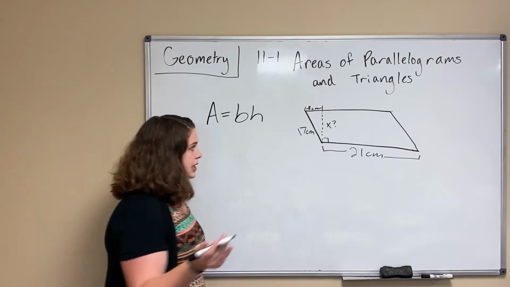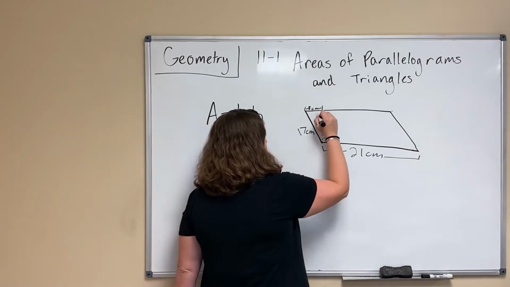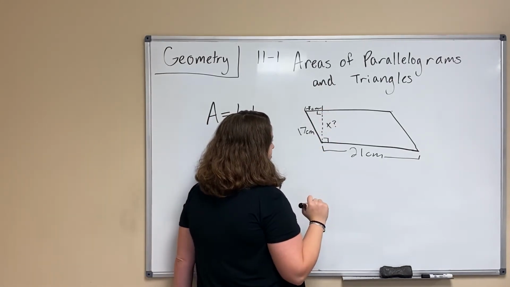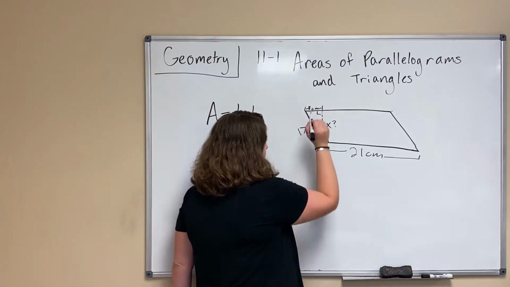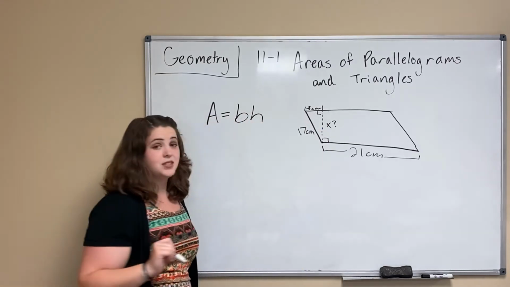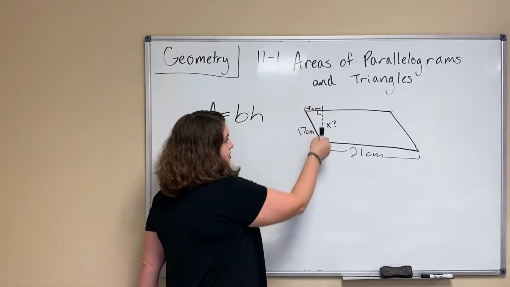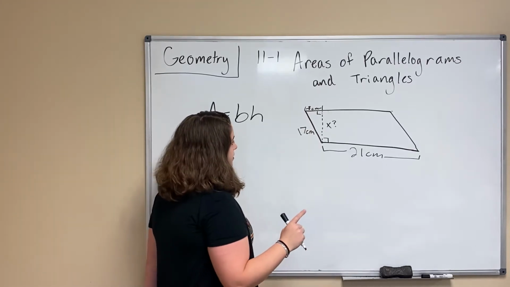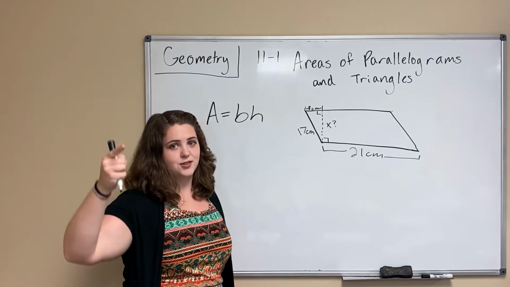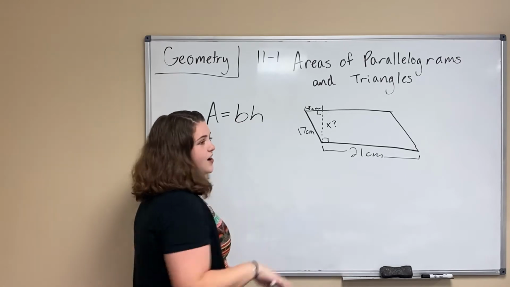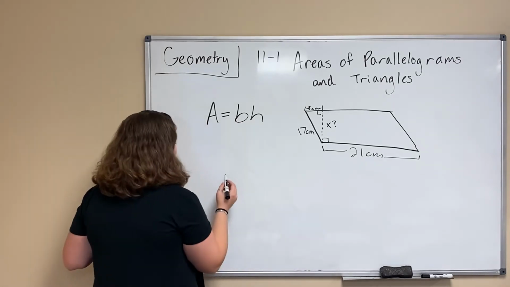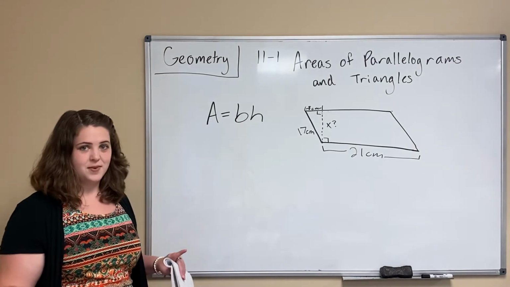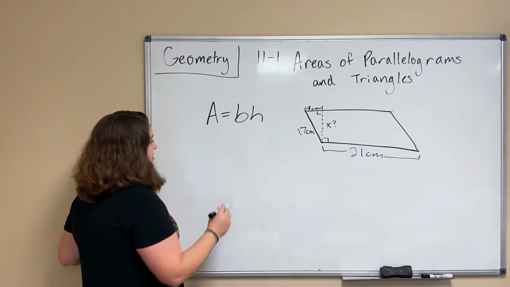So without knowing what that side is, how do I figure it out? Well, I know that the height is perpendicular to the base, so I know that that's a right angle, which means I know that this triangle that it formed is a right triangle. And what I know about right triangles from all of the chapters before this is that I can use the Pythagorean theorem to find a missing side.